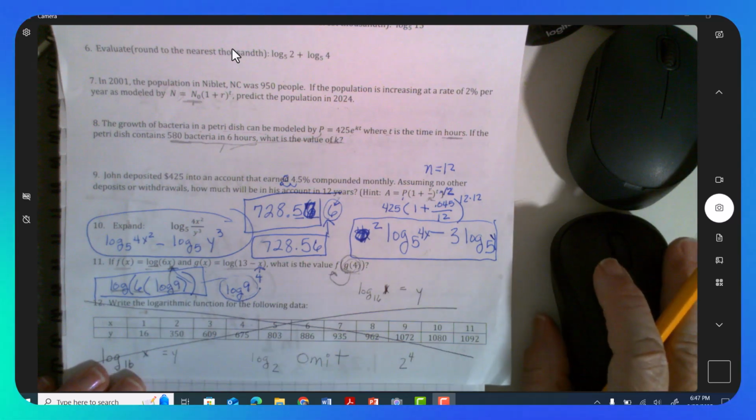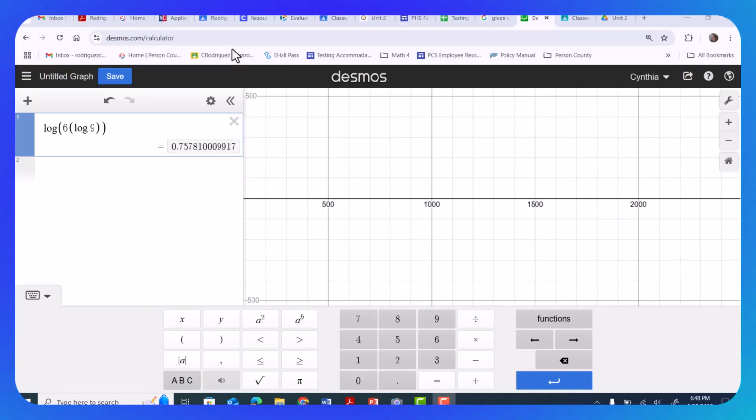Let's put that into Desmos and see what we get. All right, if I did this correctly, log of 6 times log of 9, all of that inside parentheses, is approximately 0.758 if we round it to the nearest thousandth.